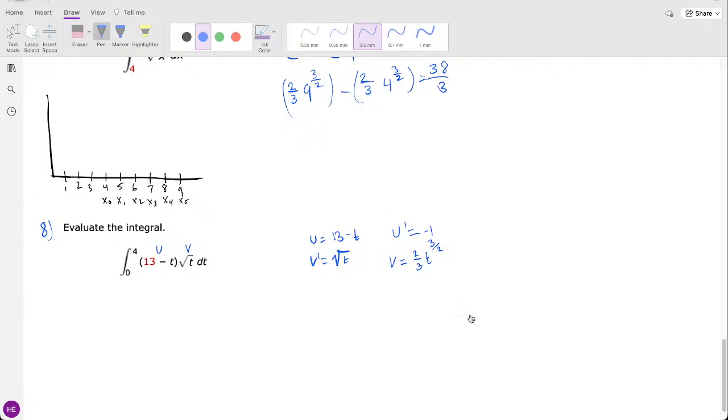So the parts formula is integral u dv equals uv minus integral v du. Okay.